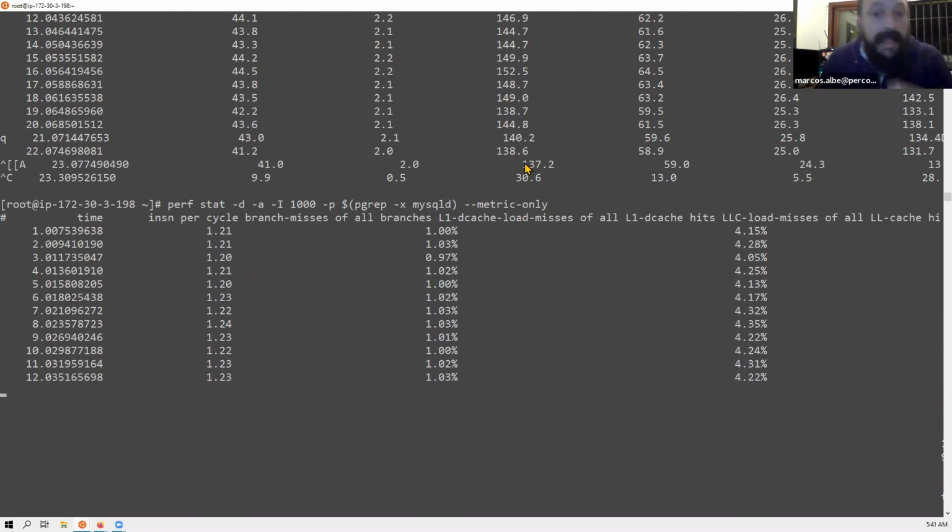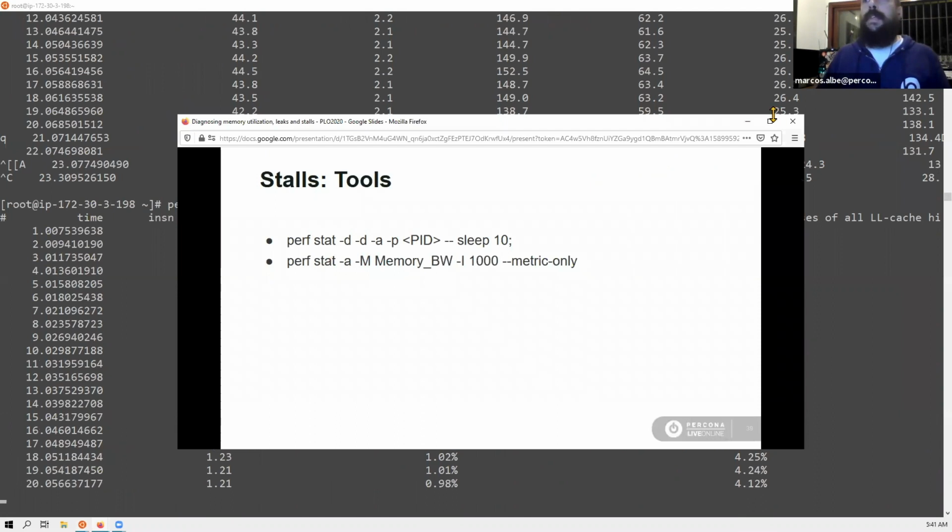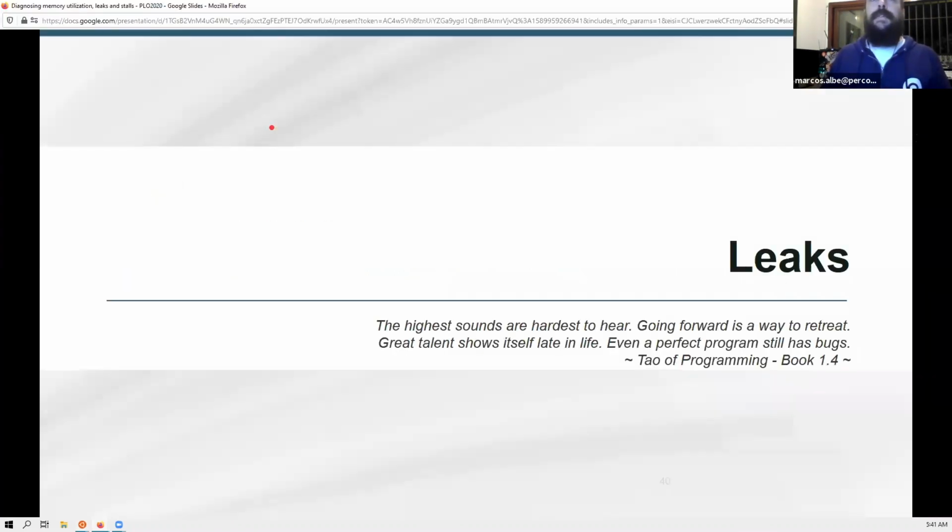So I'm gonna let this run for some minutes while we go back to our slides and we talk about leaks. And we're gonna go back to this demo on stalls, but I need to let that thing warm up for a minute, and I only have 17 minutes left, so I want to take the time and go through the leaks slides.